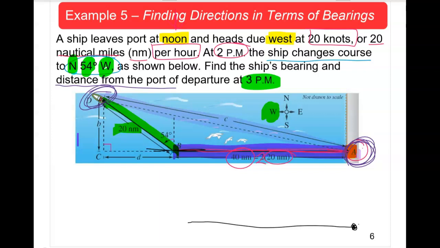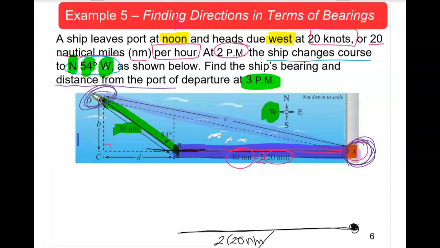I know that's not a straight line. I'm going to redo it. Remember, this is my starting point, so I should be going in the west direction, for 2 hours at 20 nautical miles per hour.